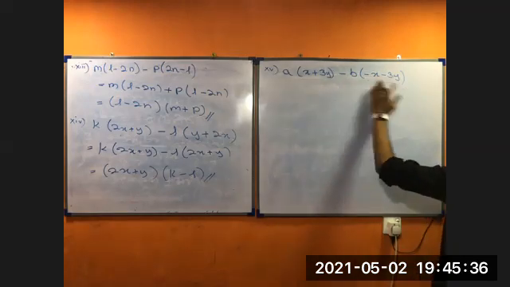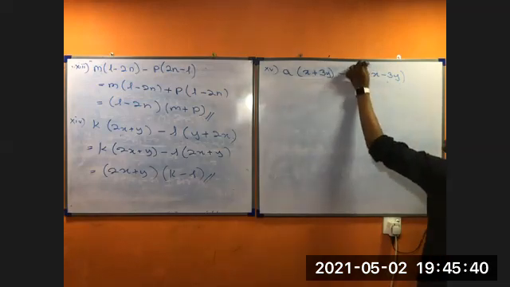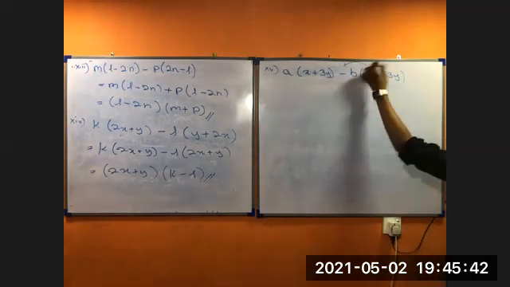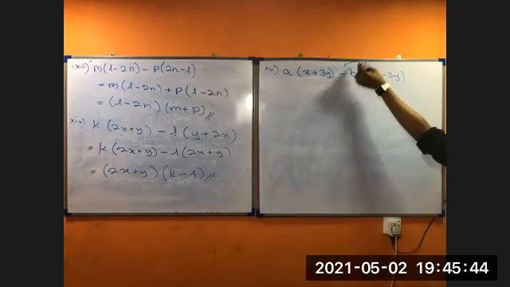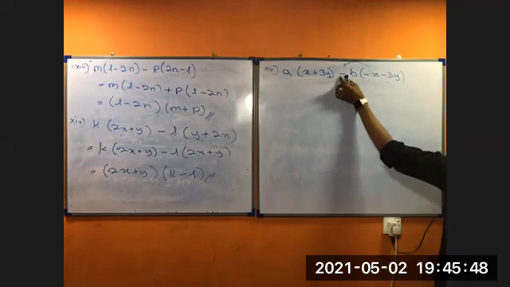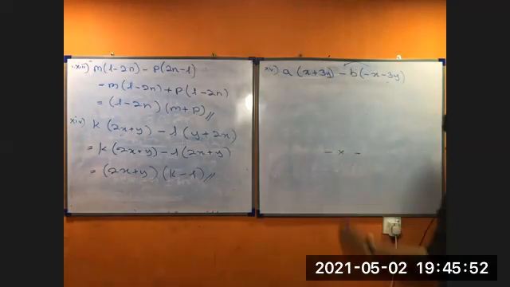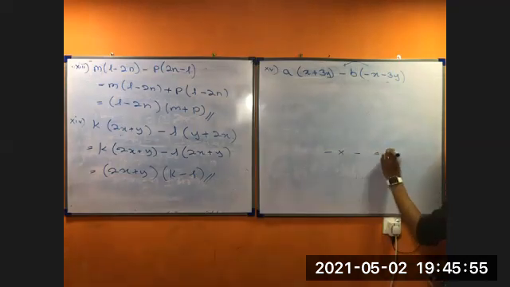Here both are negative and here both are positive, right? So I'm going to take minus 1 outside from this one, and from this one I'm going to take minus. Since here I have a minus already, minus times minus is going to become plus, right?